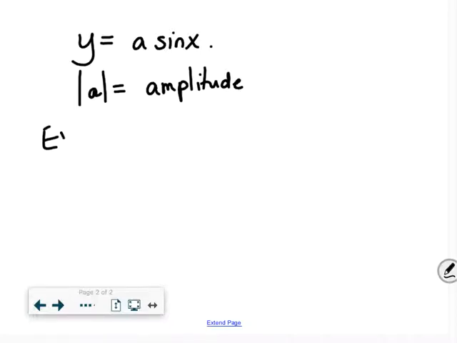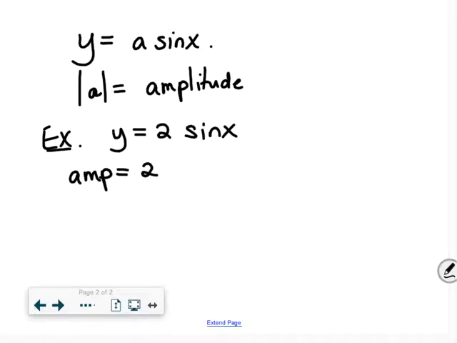So, for example, if I give you y equals 2 sine x, my amplitude is the absolute value of 2. Up to this point, the period is going to be 360 degrees. We are going to see how that gets adjusted, but for right now, it takes 360 degrees.